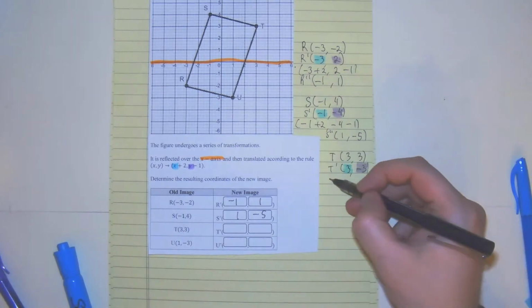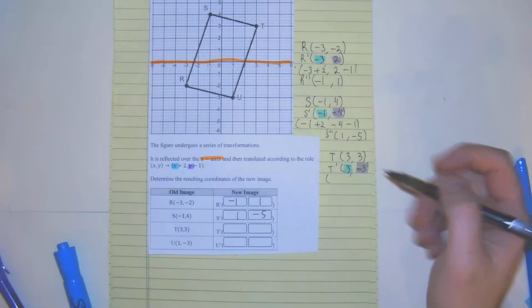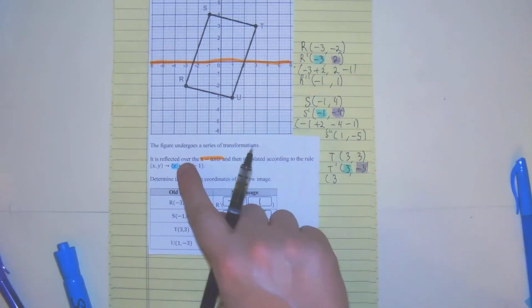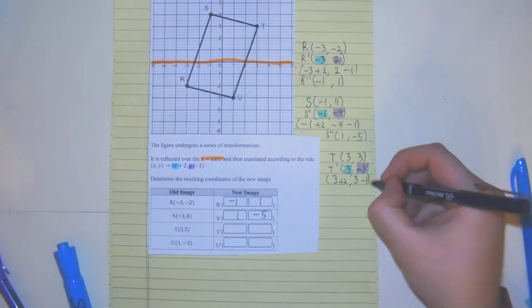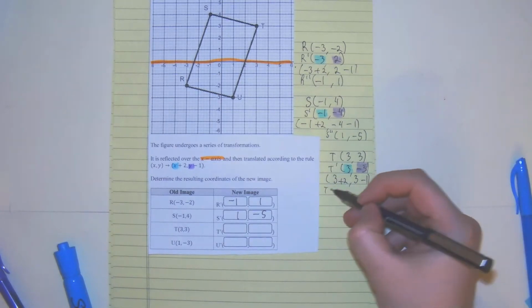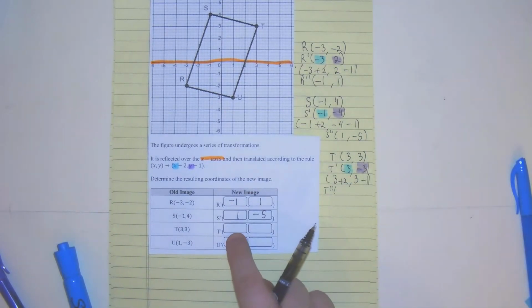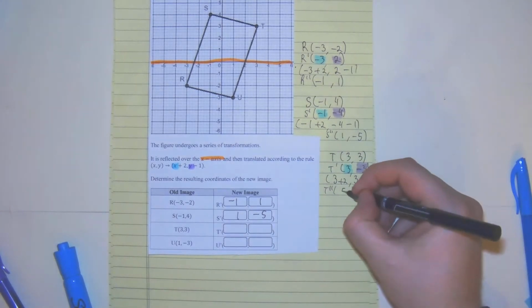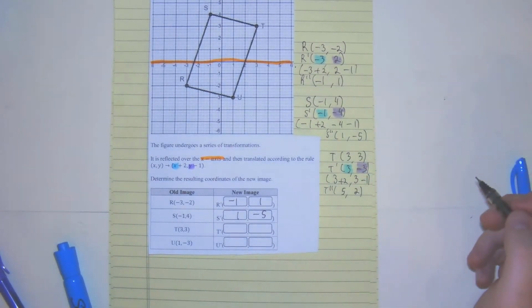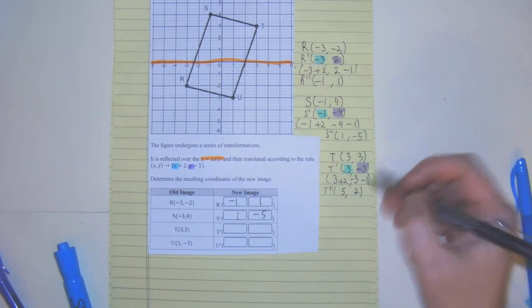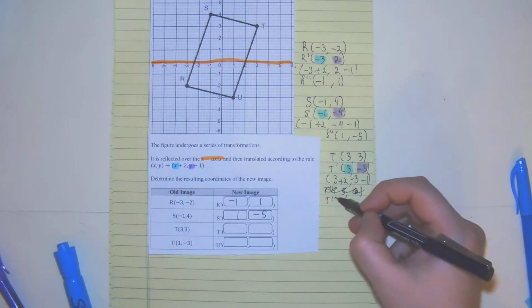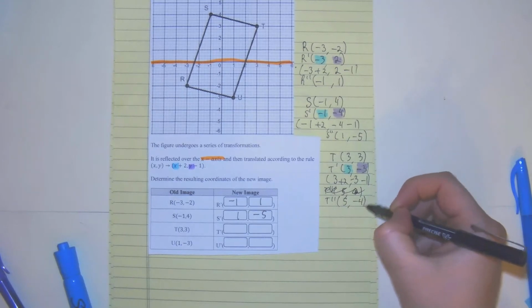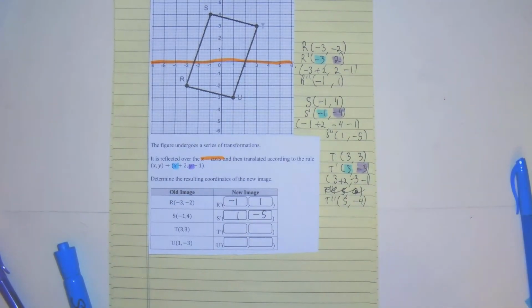So for T prime, we're going to be using it in the formula, which would be 3 plus 2, comma, 3 minus 1. So for our second transformation, we get 5, 2, -3, oops, not negative. See, good, we checked. So T double prime, let's make sure we use that, will be at (5, -4). So it would be (5, -4).